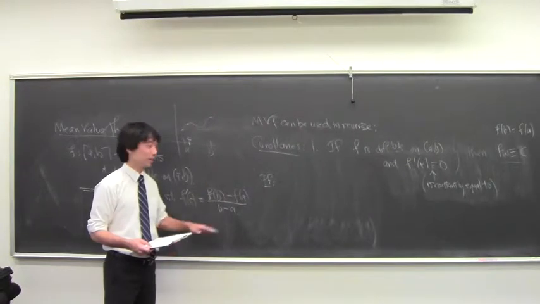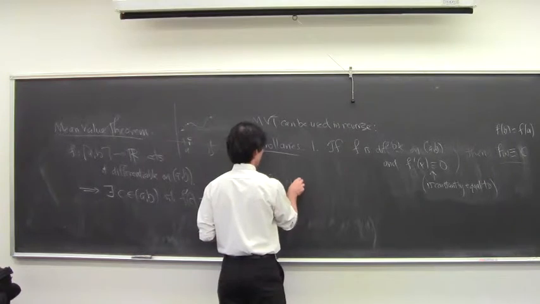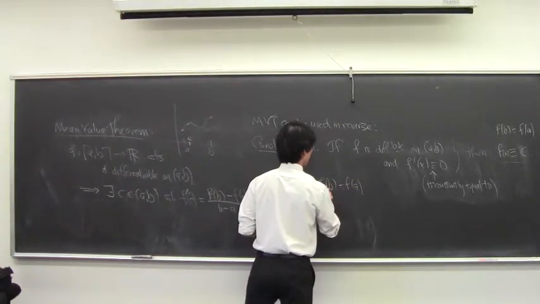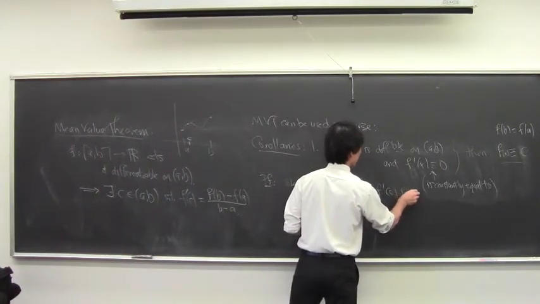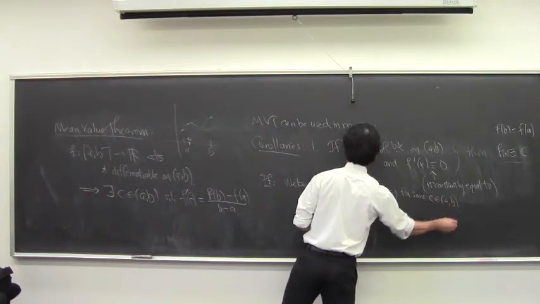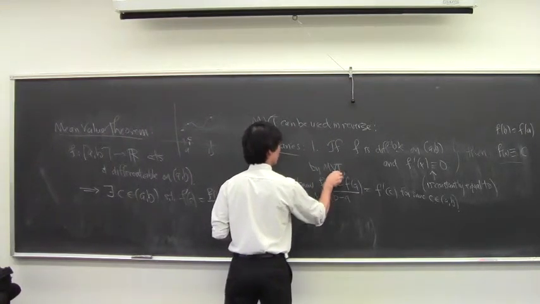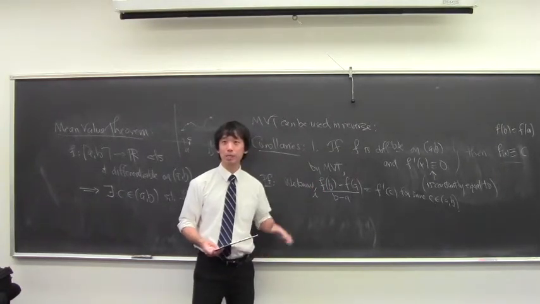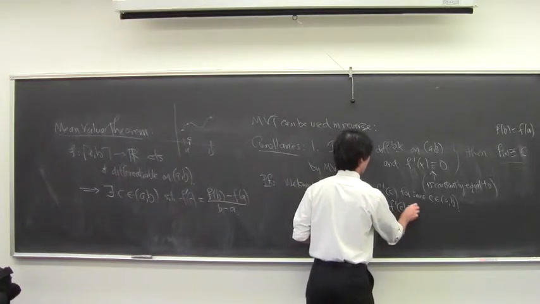Yeah, exactly. So we know that f of b minus f of a over b minus a equals f prime of c for some c in (a, b). So we know by the mean value theorem that this holds for some c in between, but f prime of c is 0.